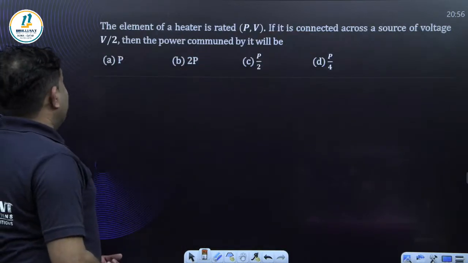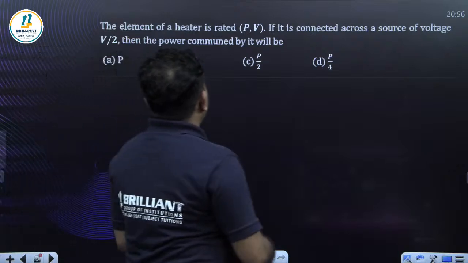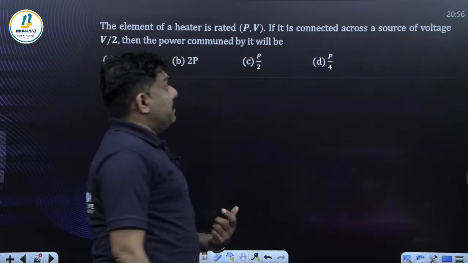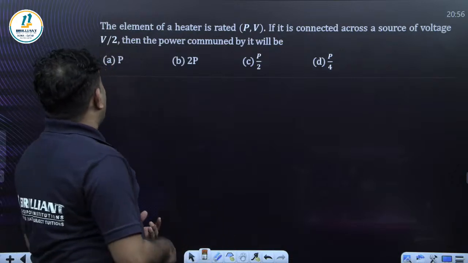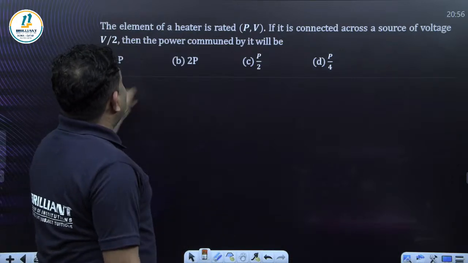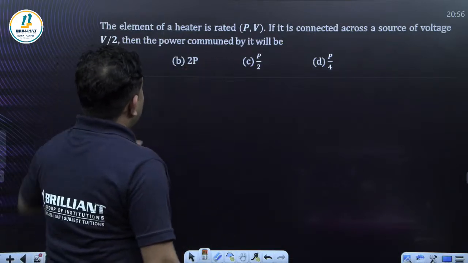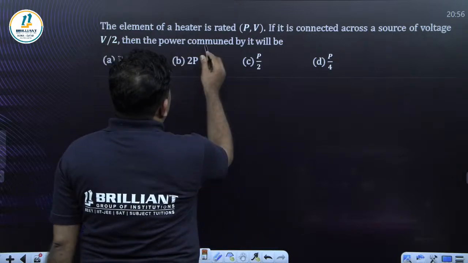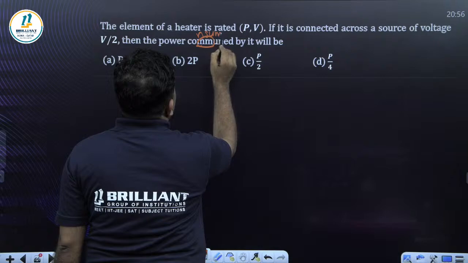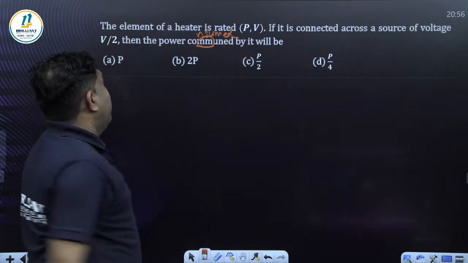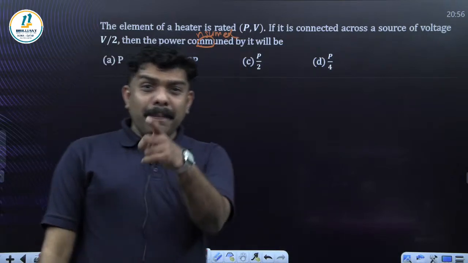The next question. The element of a heater is rated PV. If it is connected across a source of voltage V by 2, then what will be the power consumed by it? That's the question. I'm repeating the question.